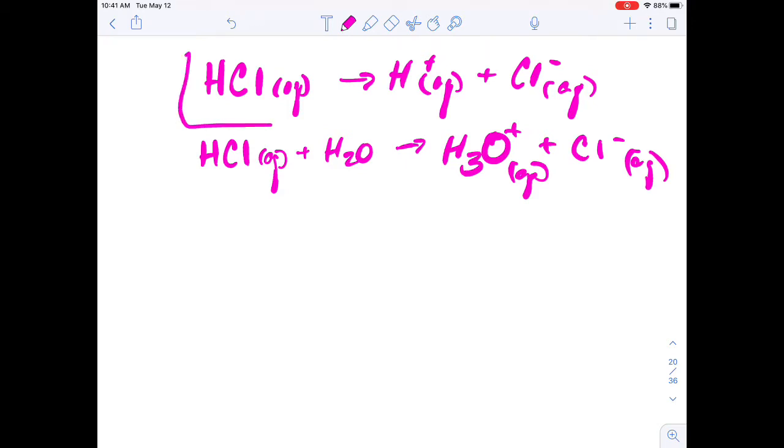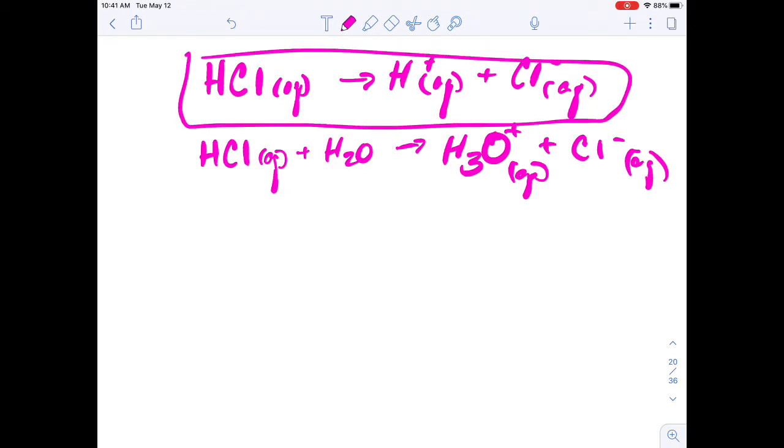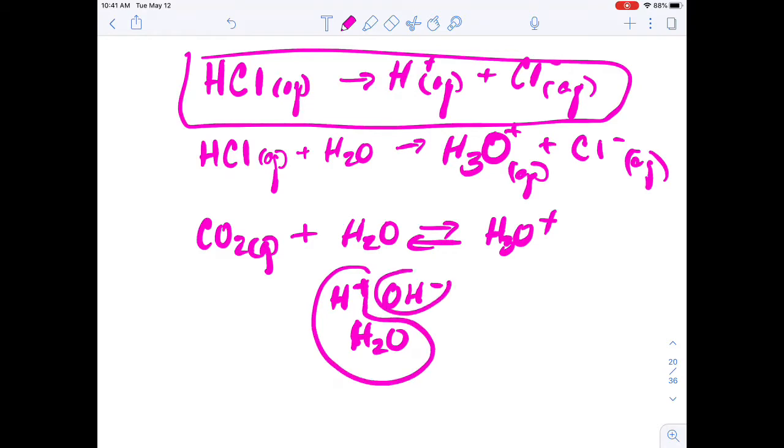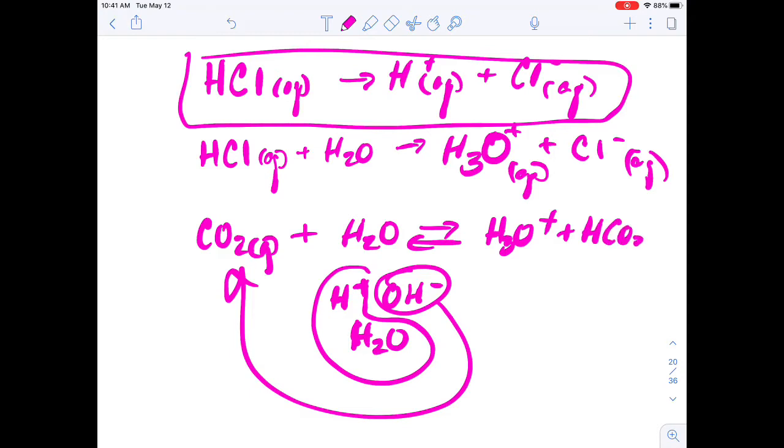Now, the reason that the Arrhenius description doesn't work is that there are some things like carbon dioxide, which if I put it in water is acidic. The carbon dioxide in water will make a hydronium: the water is split into a hydroxide and hydronium, and the hydroxide bonds to carbon dioxide to make HCO3 negative.